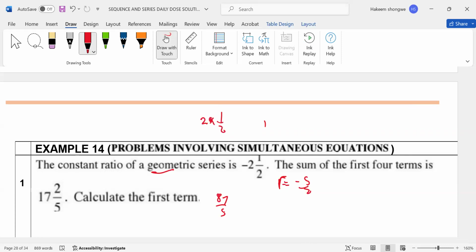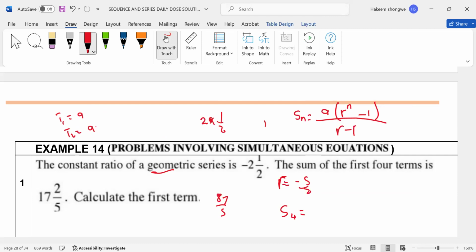Now with this one, I can do it. There are first 4 terms. I can say term number 1 plus term number 2 plus term number 3 plus term number 4. Or I can also say S4 is going to be given by the geometric formula: Sn is given as A open bracket R to the power of n minus 1 all over R minus 1. If I don't want to use this formula, I can always use A. The first term is going to be A. If they ask me which one is term number 1, I'll tell them term number 1 is A. What is term number 2?